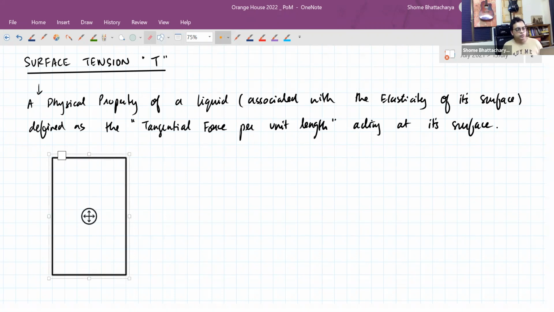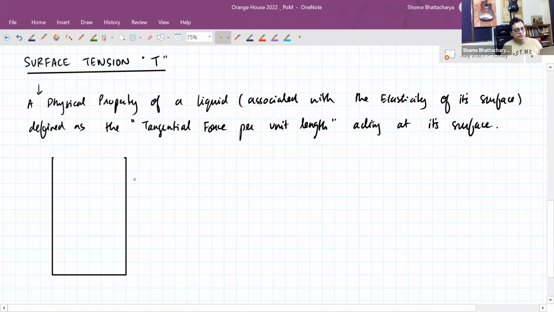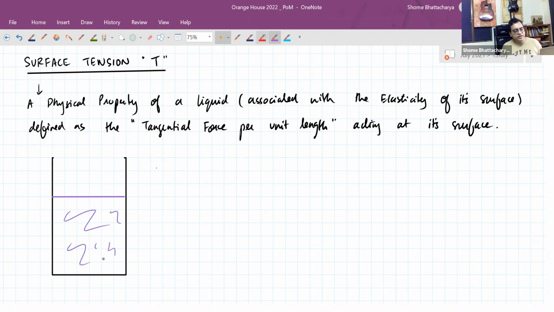So if we compare the situation of the molecules of a liquid at a surface as opposed to the molecules of a liquid inside the body, we see how different the intermolecular cohesive forces are. If you consider a molecule inside, then the intermolecular cohesive forces acting from all the molecules around it are equally distributed in all directions.